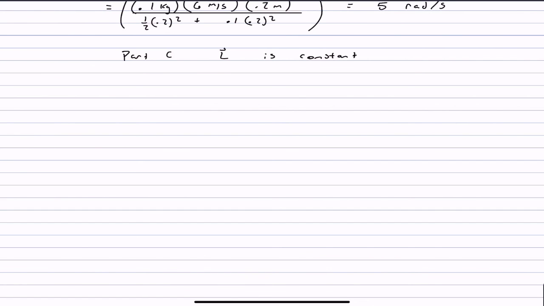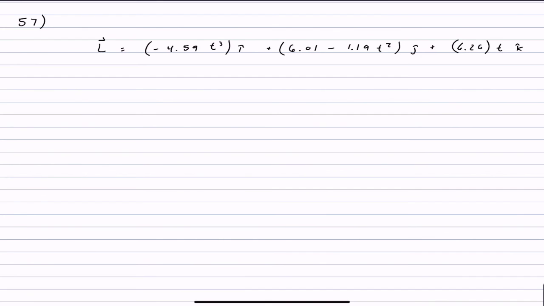Next problem, page 387, problem 57. Okay, so we are given an angular momentum as a function of time, right? This is a function of time. Then it says, what is the net torque on the sphere as a function of time?